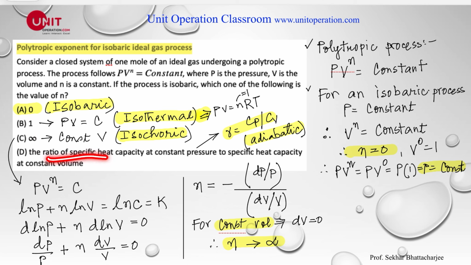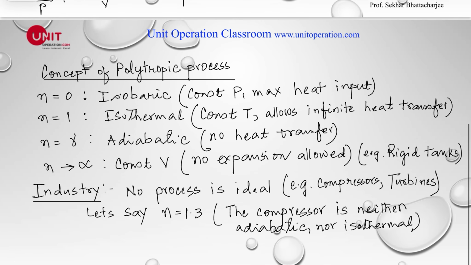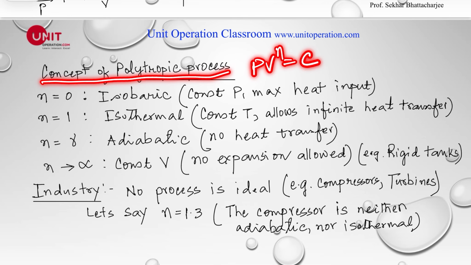And when n is equal to the ratio of specific heat at constant pressure to specific heat at constant volume, Cp over Cv, which we know is equal to gamma, that's an adiabatic process. So depending upon the value of n, these are the different types of thermodynamic processes. This is a kind of summary concept of the polytropic process. PV raised to n is equal to constant.